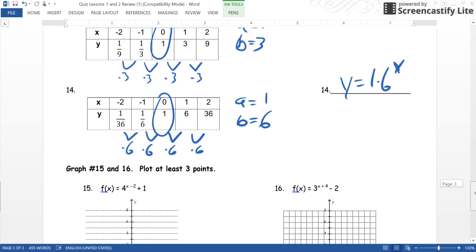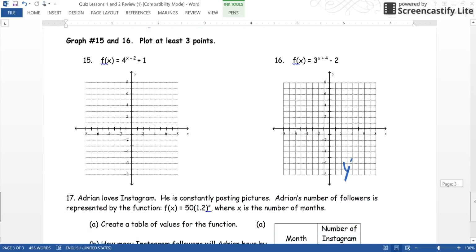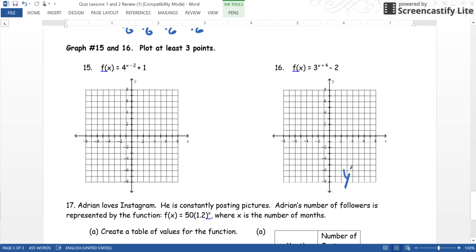Couple more here. So we got to plot at least 3 points here. So we're just going to make a new calculator table, get an x and a y, probably 3 to 5 points would be the best. So I would definitely say I would start with 3, 2, 1, 0.